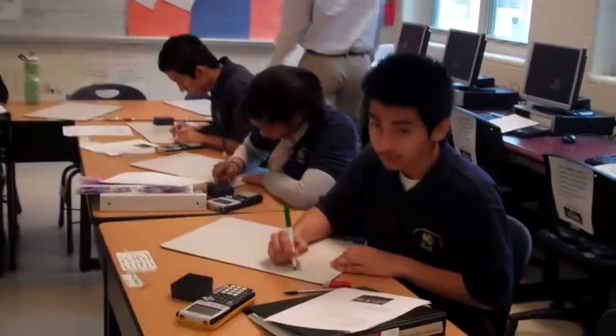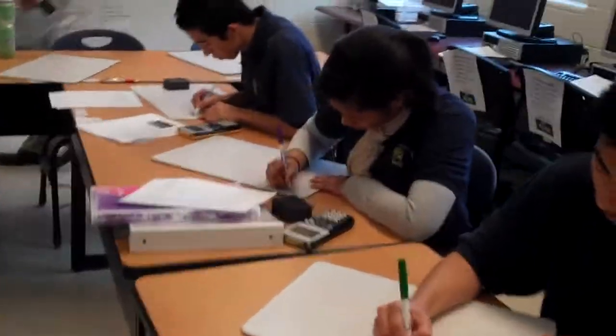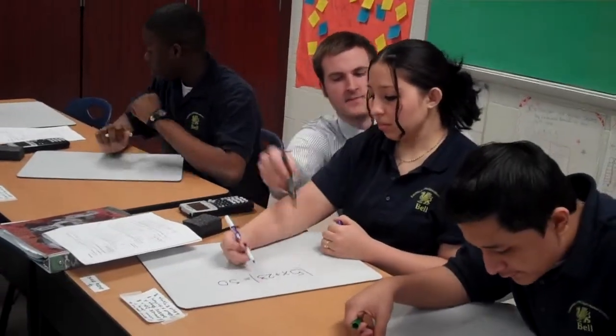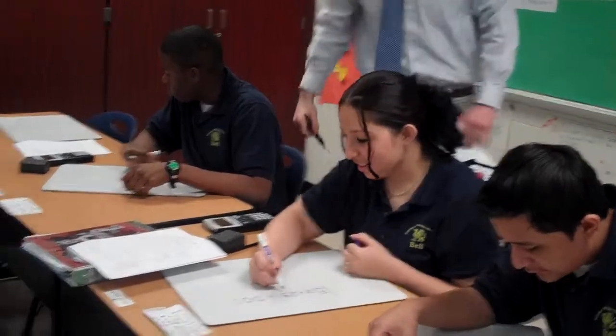Uh-oh. How many answers am I getting? 2. That's what you want? We want 2 answers. You got to set up 2 equations. You want to combine the like terms so you can get the 23 to the other side, not the 5x.